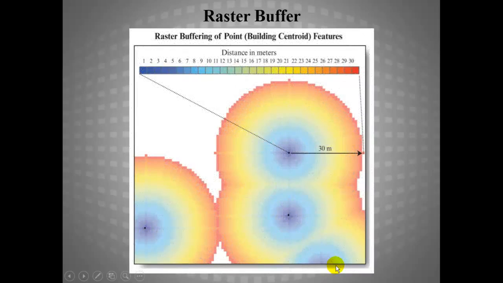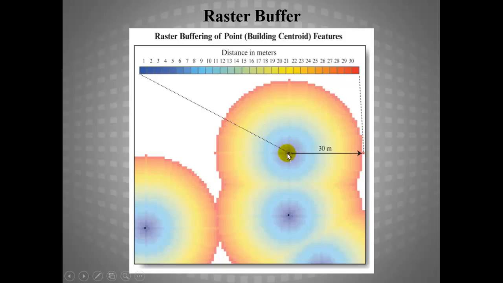You use this distance calculation to do the equivalent of raster buffering. So remember, in vector, a buffer is a polygon that's drawn at a certain distance from a point, a line, or another polygon. Well, in a raster, the calculation calculates the distance from a source cell and stores the value of the distance in the cell.